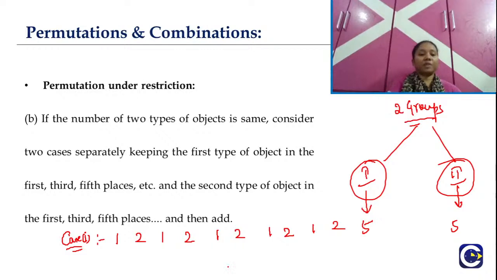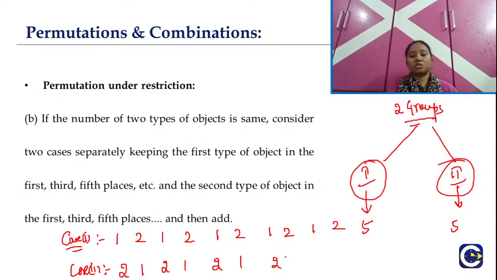And the other one will be case 2. Here, initially I started with group 1. So now I will be starting with group 2. That means here it will be 2, 1, 2, 1, 2, 1, 2, 1, 2, 1. And for this, we will be having the arrangements, and in this case also we will be having the arrangements.